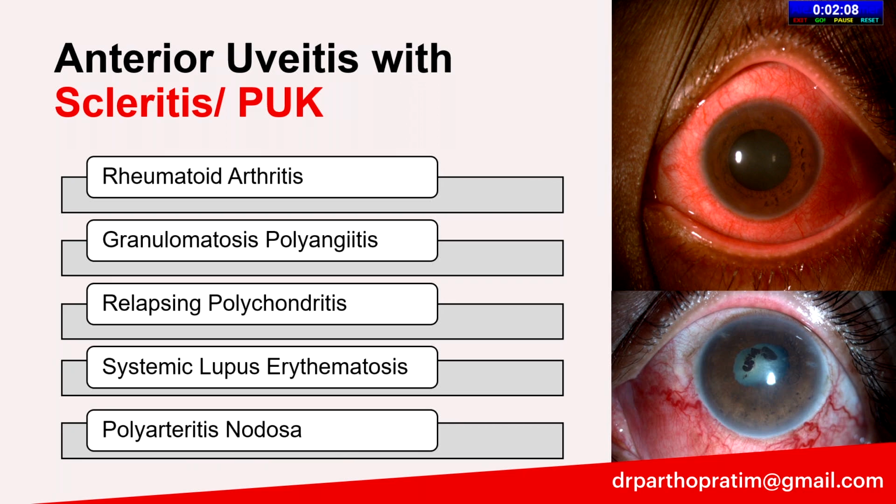So you need to start treatment at a very early stage, as most of them can cause lethal vasculitis. Your primary aim will be to save not only the eye, but also the life of the patient. If you can decode anterior uveitis with systemic manifestation, you can actually save the life of the patient. Thank you.